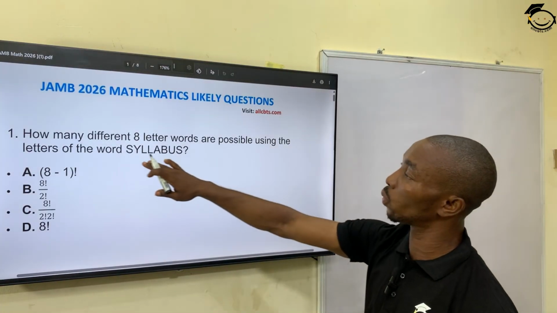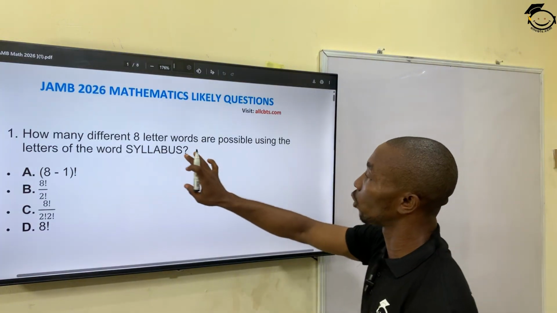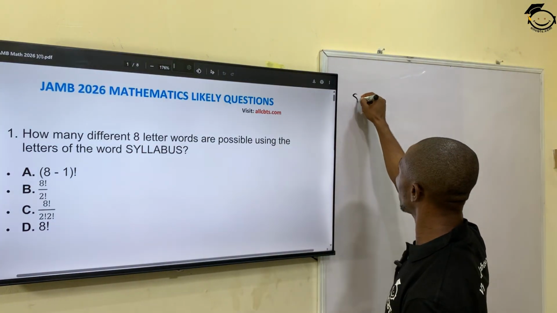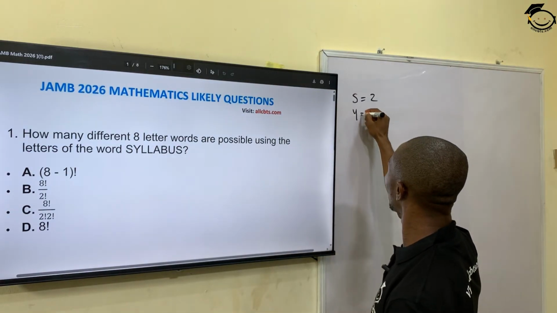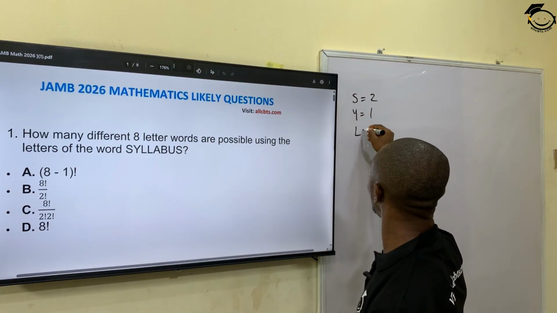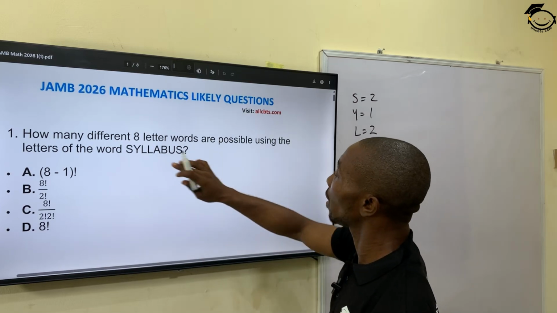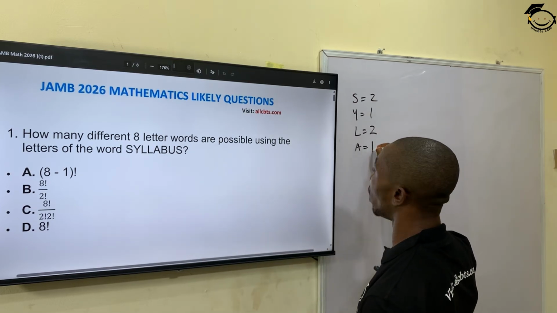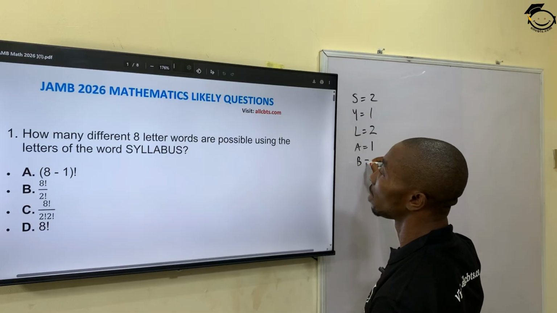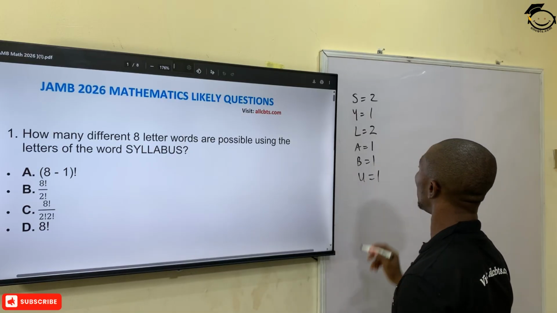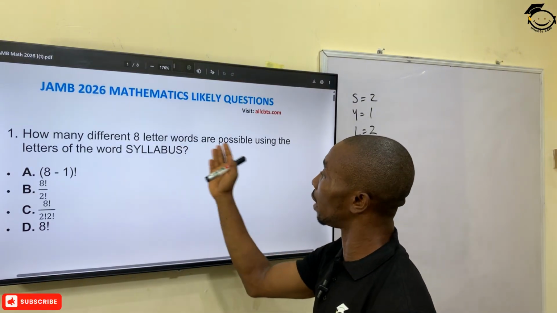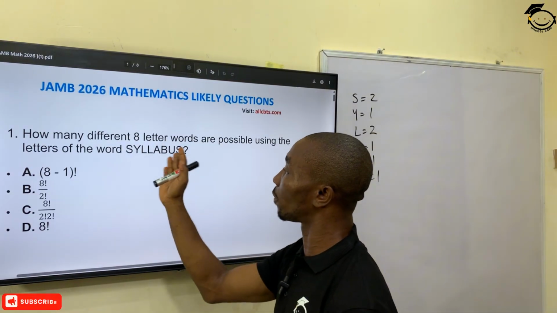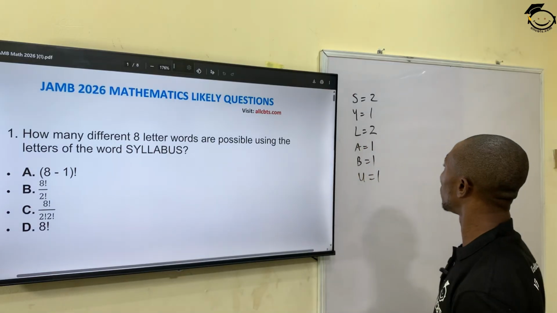Now, if we look at the word syllables, we can group the letters. We have S, 2; Y, 1; L, 2; A, 1; B, 1; and U, 1. Now, for us to find the 8-letter words that are possible from here, we are going to use permutation.